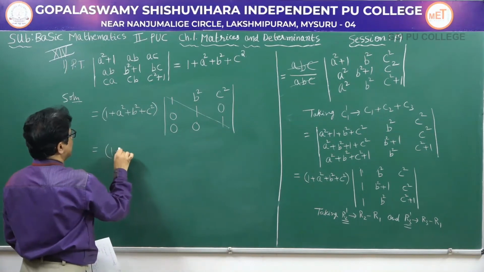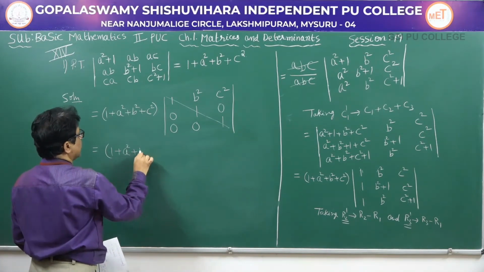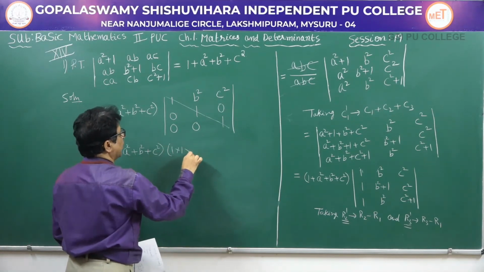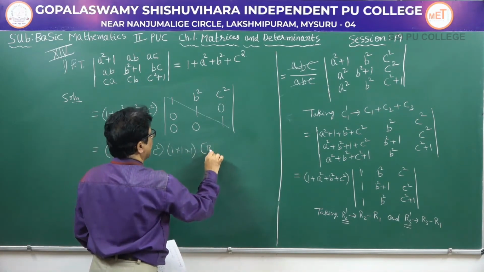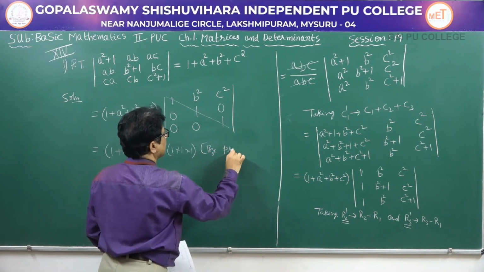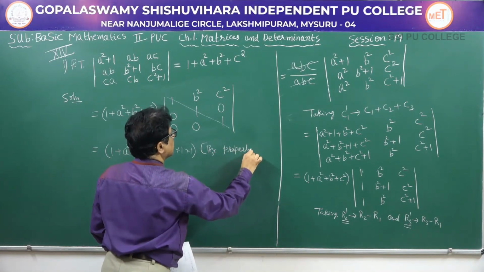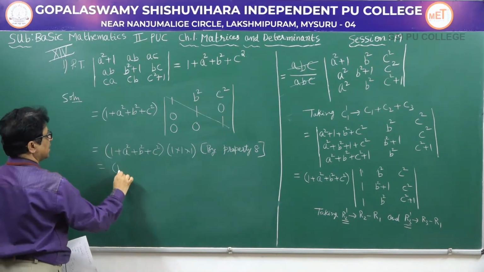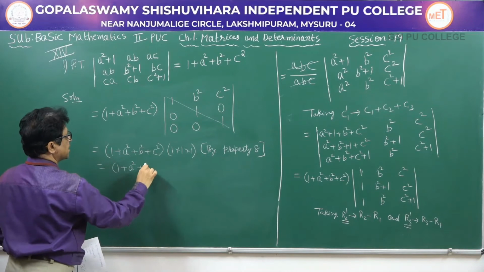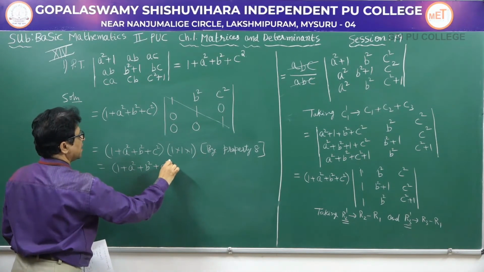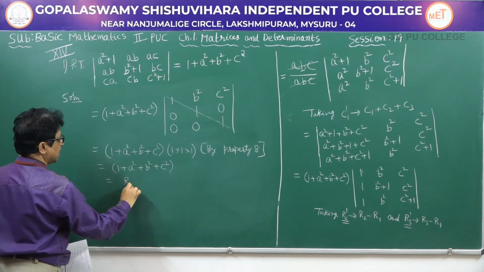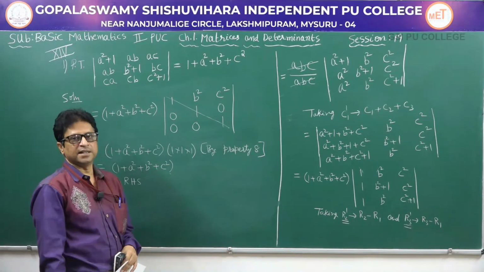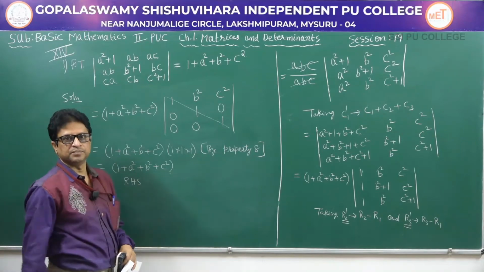So that will be equal to 1 plus A square plus B square plus C square into 1 into 1 into 1. This is by property 8. So this will be equal to 1 plus A square plus B square plus C square, which is nothing but RHS. So that completes this problem.